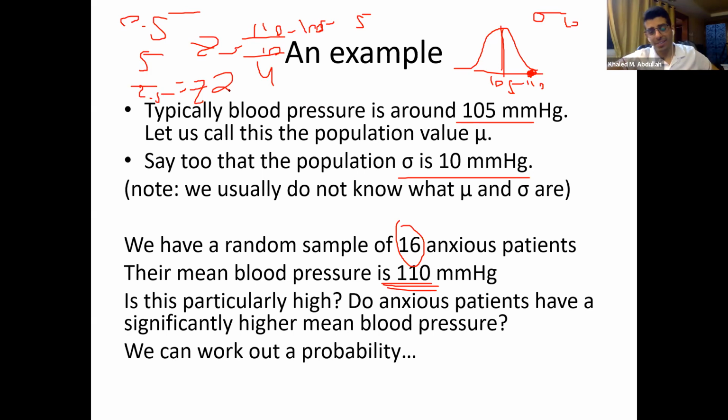Did you all understand this? The only reason we're doing it is because a sample is mentioned. You do everything the same. He's telling you this is a population with a mu of 105 and a sigma of 10. We have a sample of 16 people that got a mean of 110. What's the z value? The only difference is that you use radical n.